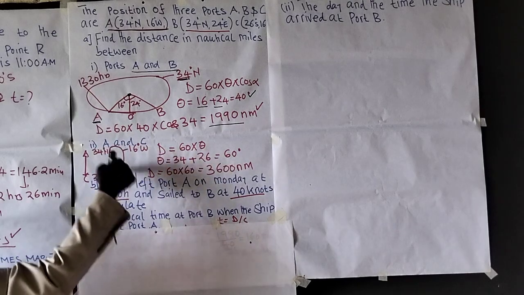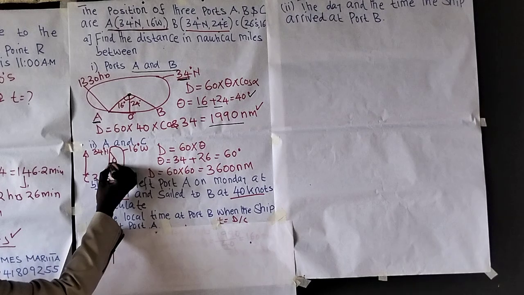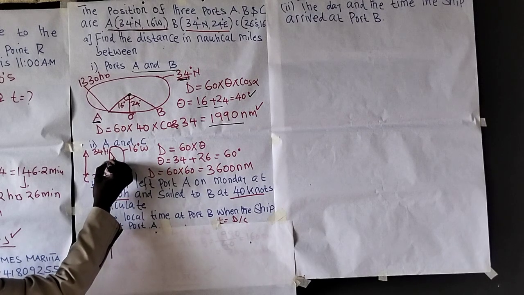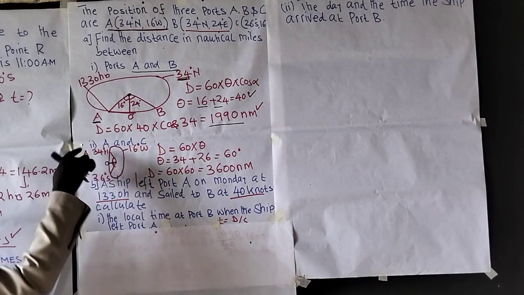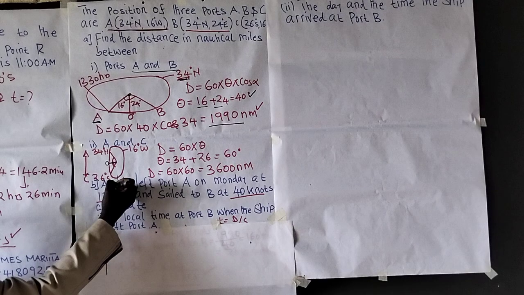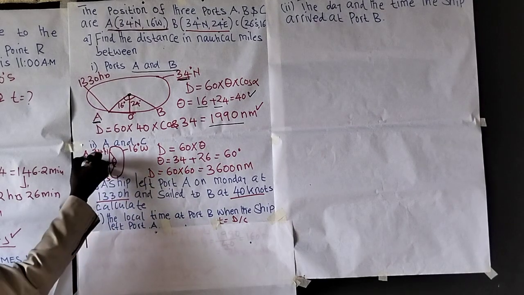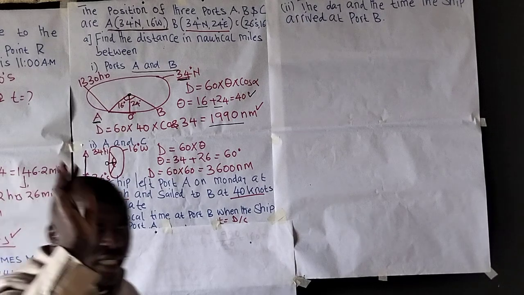From the equator, 0 degrees, to 34 degrees north you have point A, and 26 degrees south you have point C. This is the distance along the great circle.